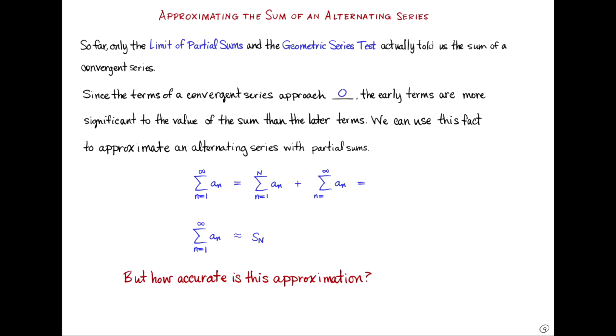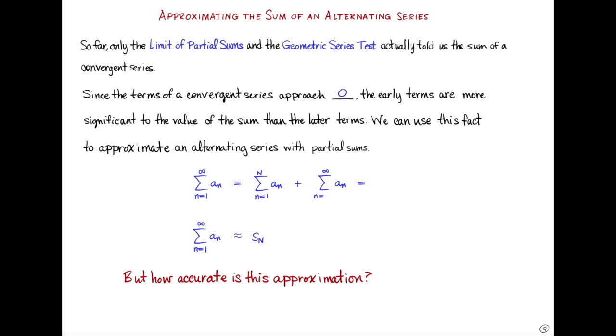And so we can use this to approximate an alternating series with at least some degree of accuracy using partial sums. Now, bear with me, the notation on this can be very confusing, but to actually apply it is very simple. When we have the infinite series from n equals 1 to infinity, we can break that up into two series.